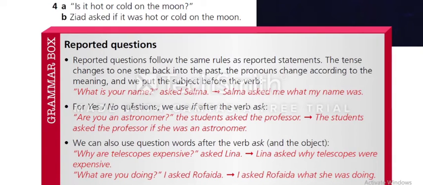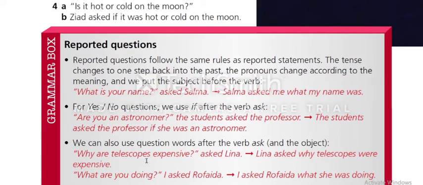For yes/no questions, we use if after the verb ask. "Are you an astronomer?" the students asked the professor. The students asked the professor if she was an astronomer. We can also use question words after the verb ask and the object.